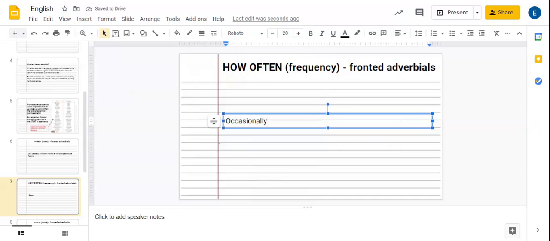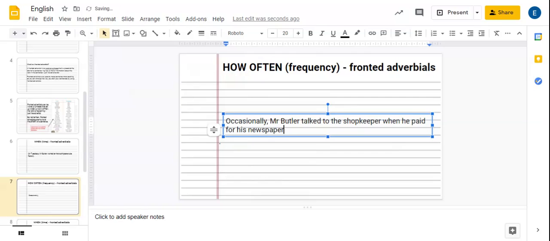Now that's the end of my fronted adverbial, so I am going to punctuate it with a comma, then leave a space. So we've got occasionally, Mr. Butler talked to the shopkeeper when he paid for his newspaper. And then a full stop at the end because it is still a sentence.